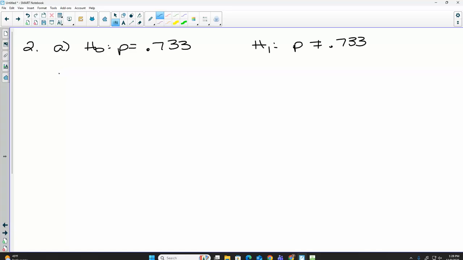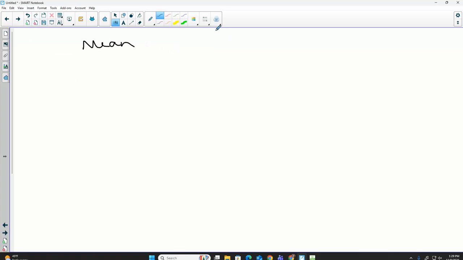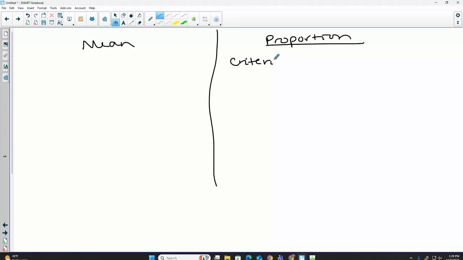Part B, that's the criteria. We have 2 options for criteria. If we're talking about a mean, it's one thing. If we're talking about a proportion, it's another. What's the criteria if we're talking about a proportion? N times P times 1 minus P. Okay.